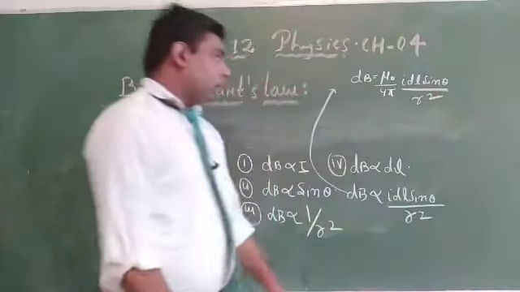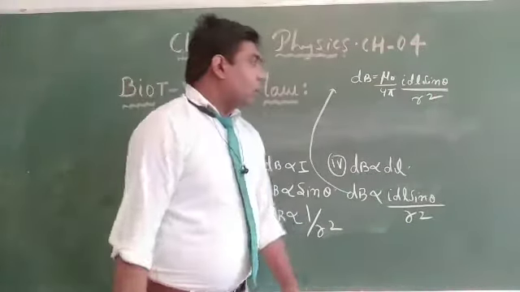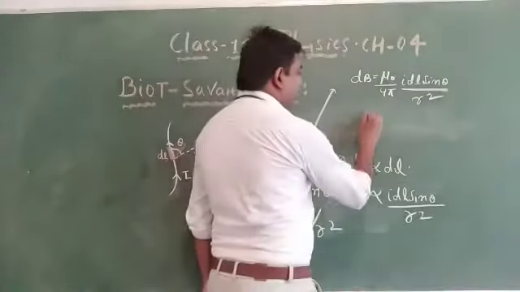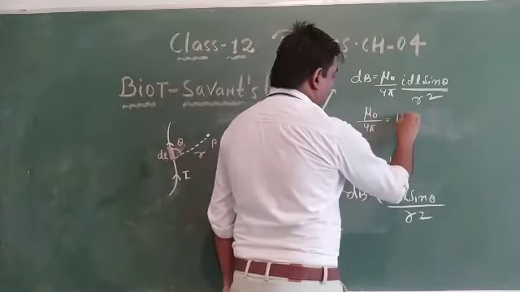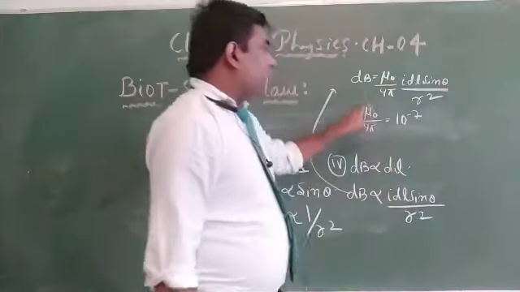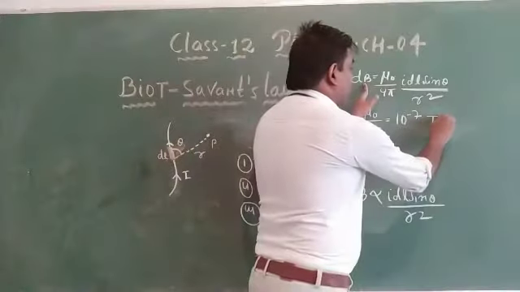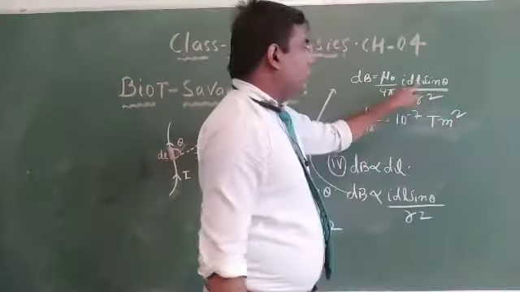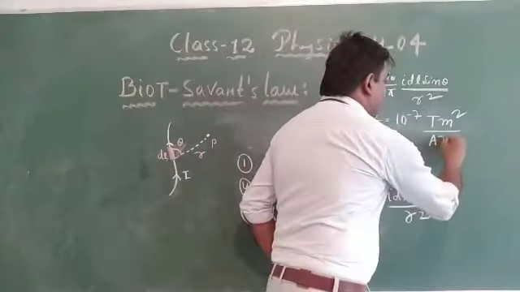So here we have introduced a constant, that is mu naught by 4 pi. Here mu naught by 4 pi is a constant whose value is fixed at 10 to the minus 7. If you write the unit for this, the unit is Tesla meter square, it will be ampere, and it will be meter.